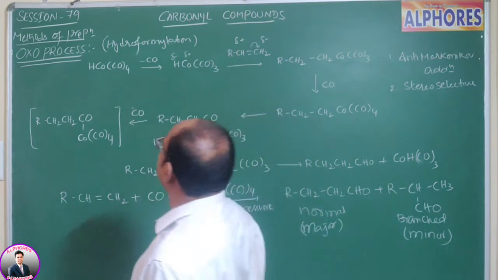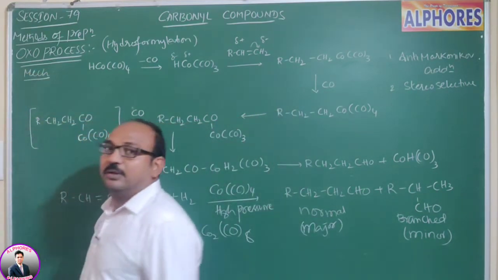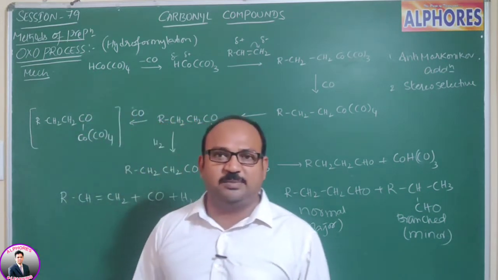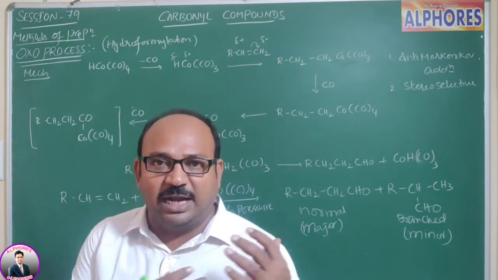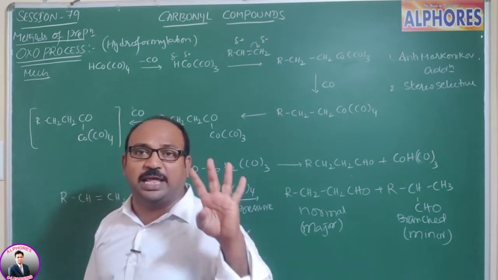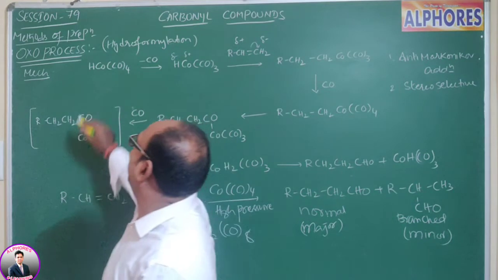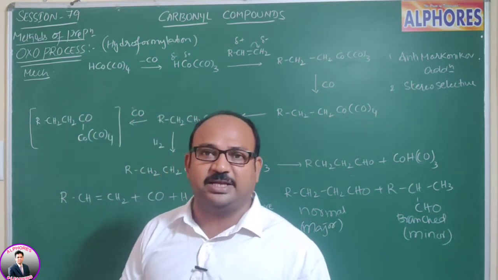Now, let us see the mechanism. How does the mechanism proceed? HCo(CO)4, cobalt hydride, metal attached to hydrogen, and it also consists of 4 ligands, 4 carbonyl groups. So cobalt hydride tetracarbonyl is the starting reagent.